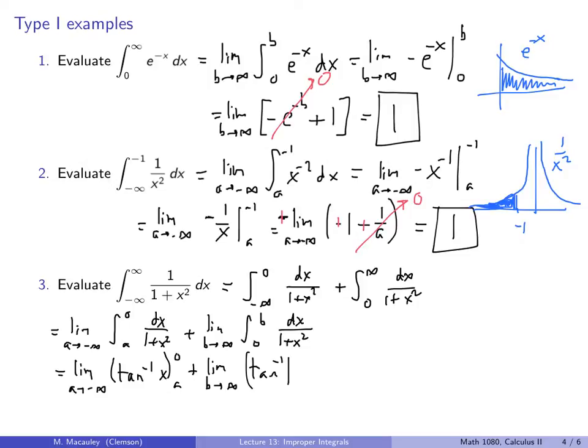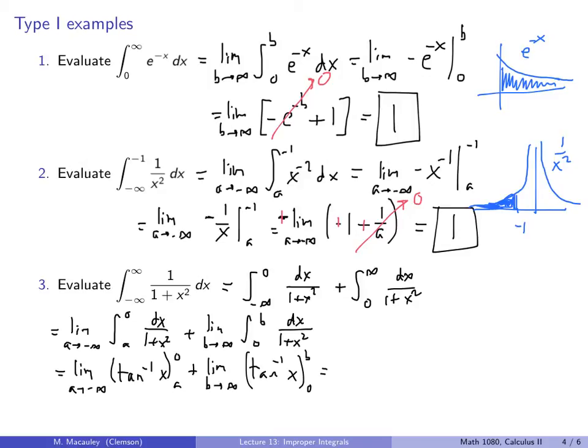Inverse tangent of x from 0 to b. So this is, plugging in 0, the inverse tangent of 0. Remember what that is?